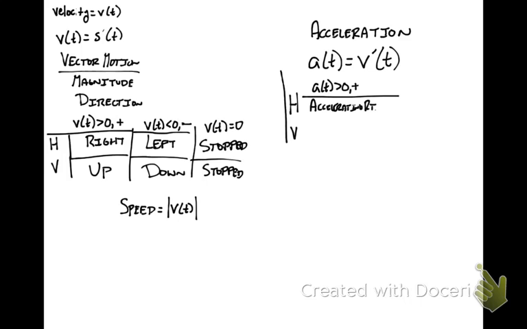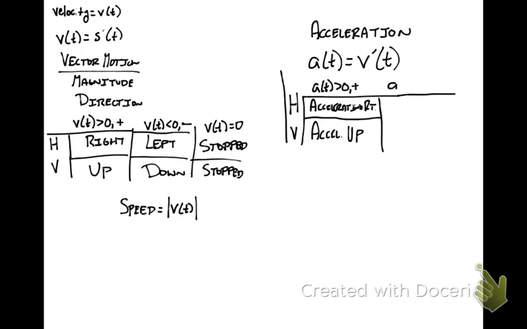And for a vertical motion, when acceleration is positive, that means it's accelerating up. This is kind of a weird idea to think about, but this is the direction of the acceleration. The word decelerate doesn't actually make sense mathematically. We only accelerate. We can accelerate in multiple directions.